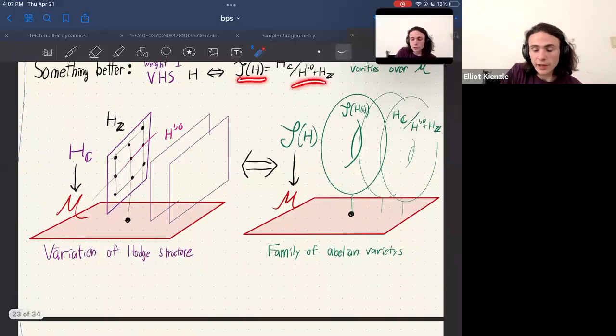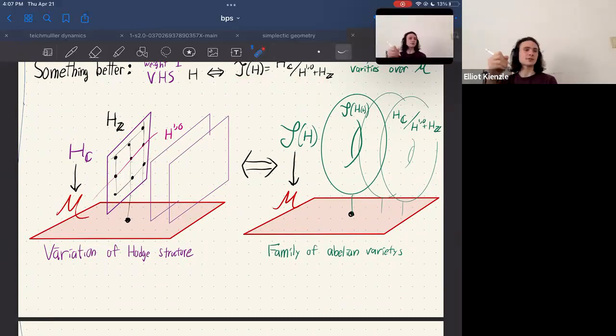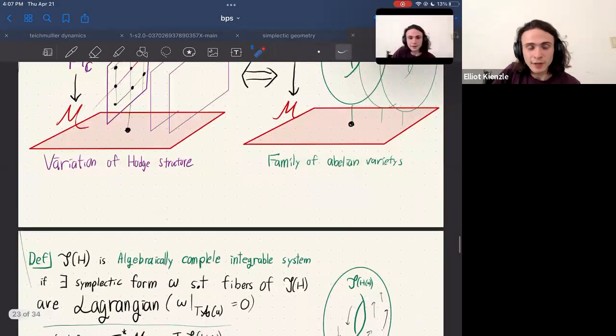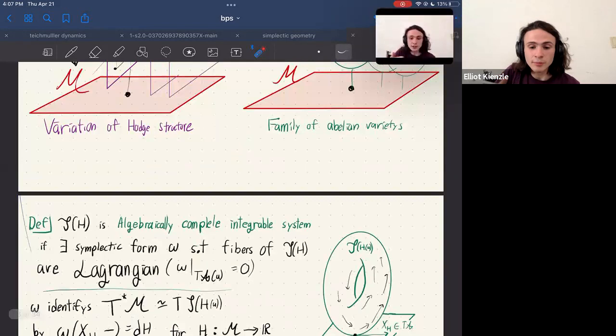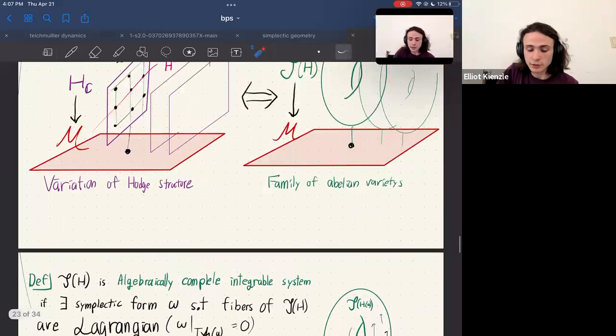Now, a bunch of tori, a bunch of abelian varieties. If you remember back from the first talk I gave all the way in the very beginning of the semester, it sounds kind of familiar, right? Because this fibration by abelian varieties is very close to the notion of an integrable system, or more concretely, with one extra structure, this will be an integrable system.